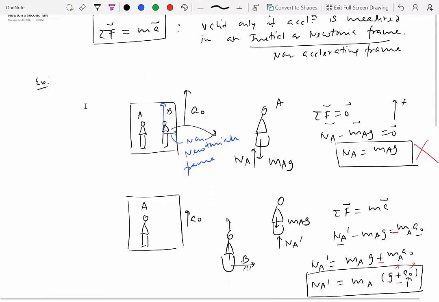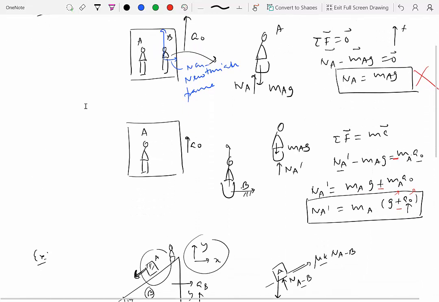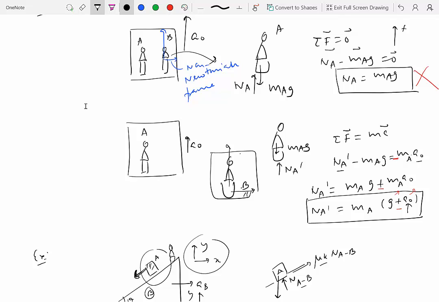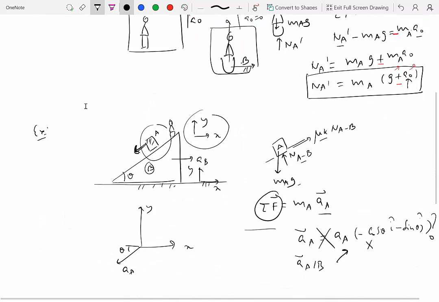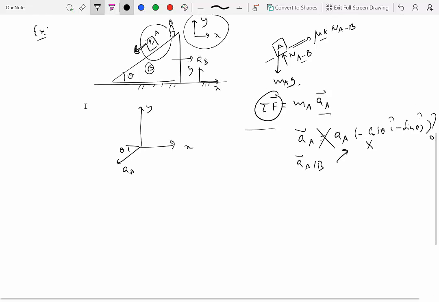So in the previous problem, you could have your friend B actually move inside another elevator moving with constant velocity. So this is constant, which means acceleration would be zero, and that would give rise to the same results as if the frame is not moving at all. So constant velocity or no movement, both of them would give you the same result.